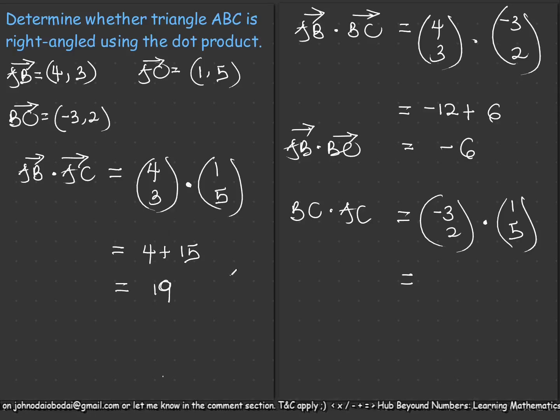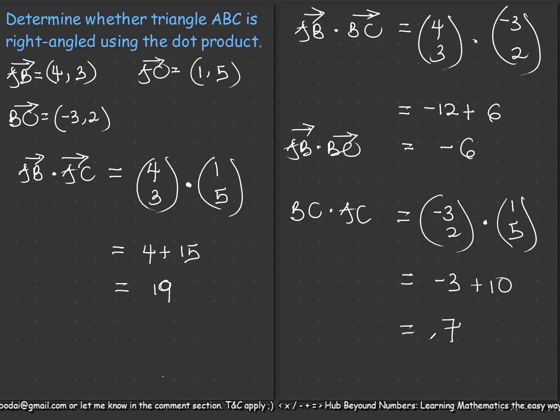Now, if you're able to evaluate it, then well done. Hence, you are going to get -3 plus 10, which is 7, right? So you realize that none of these dot products gave us 0, which means that none of the lines are perpendicular to the other, right? Hence, that completes what we are doing here.